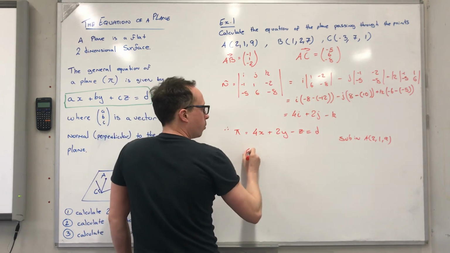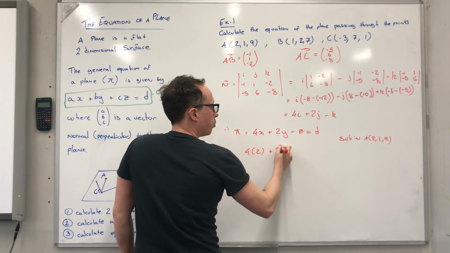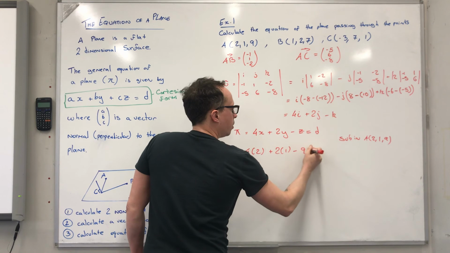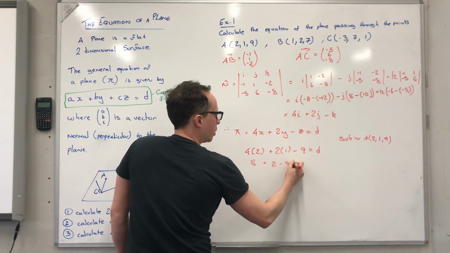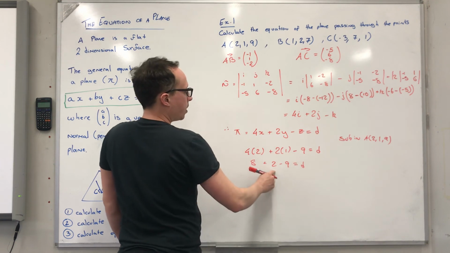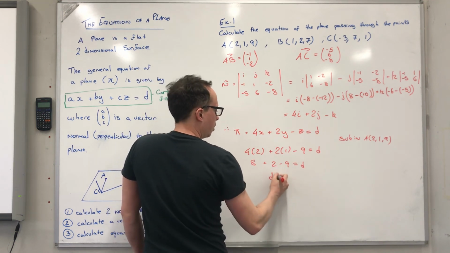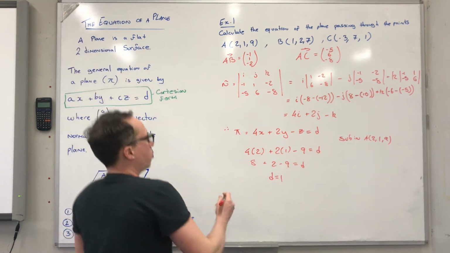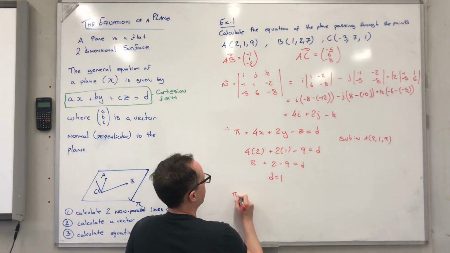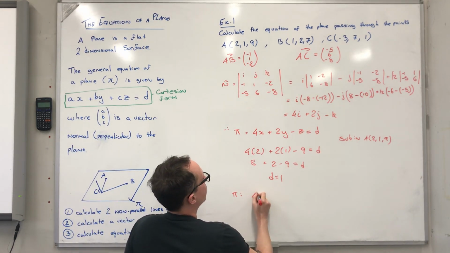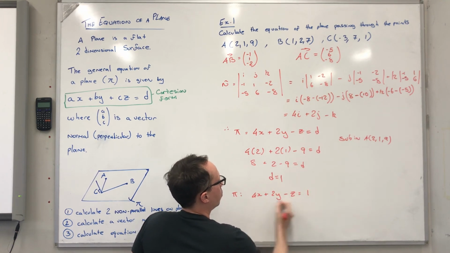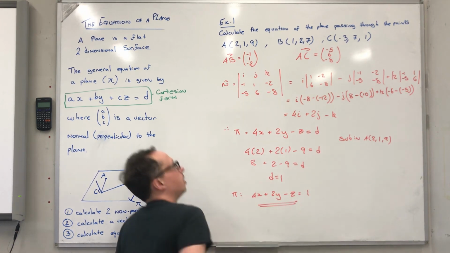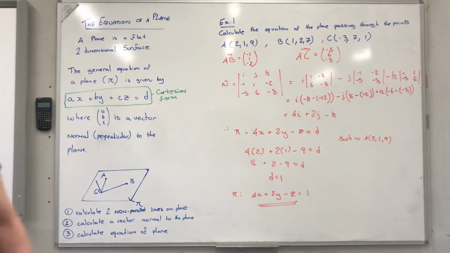So we're going to get 4 times 2 plus 2 times 1 minus 9 equals d. So we get 8 plus 2 minus 9 equals d. 8 plus 2 is 10. 10 minus 9 is 1. So d equals 1. And so the equation of the plane is 4x plus 2y minus z equals 1. That's how you find the equation of a plane.